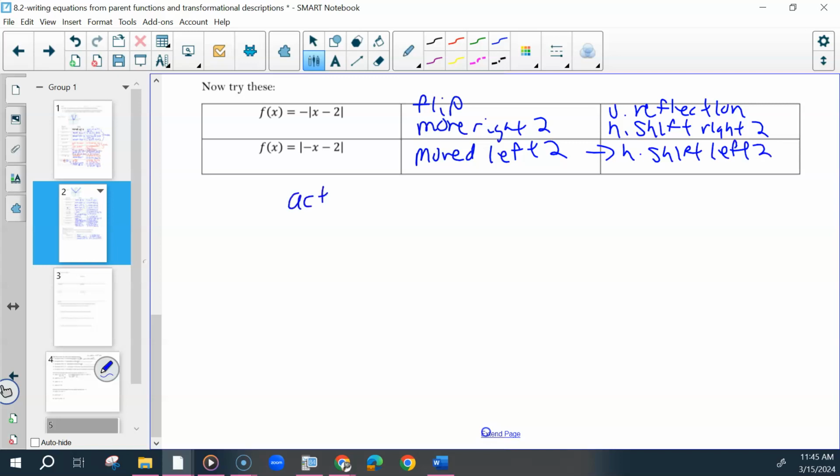But what it actually did would be move to the right and was reflected. So that would be your horizontal shift right 2 and your horizontal reflection.